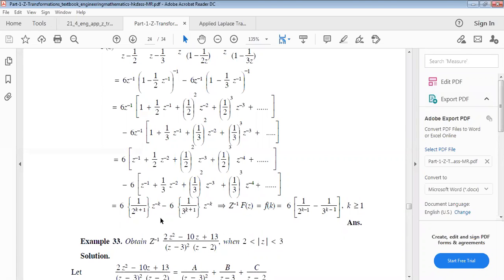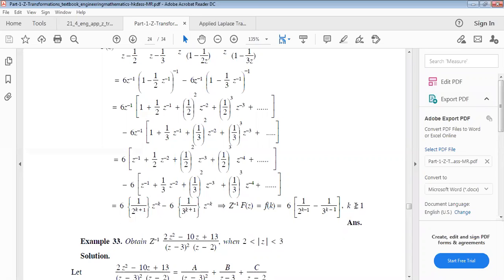In this way, this is actually the inverse z transformation of F of z, equal to f of k, only the sequence. This is actually the sequence. F of k can be written as 6 into 1 by 2 to the power k plus 1, and 1 by this one, taking 6 common.